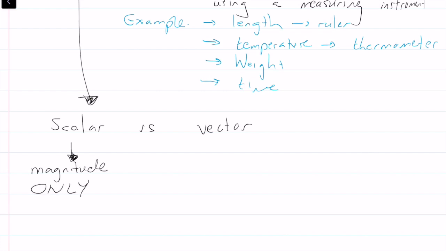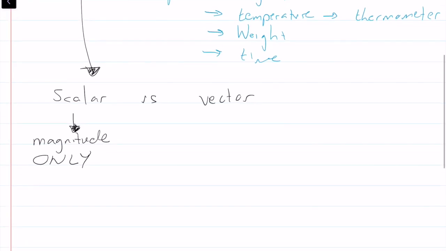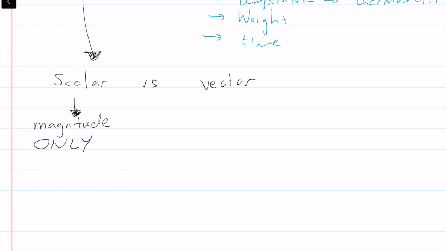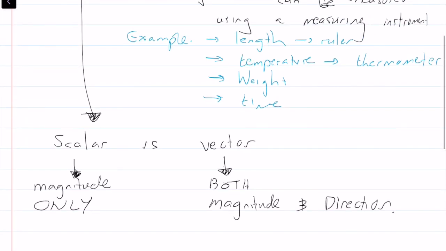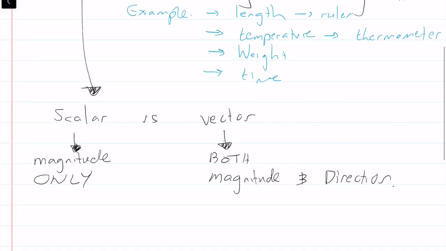An example of this would be time. Let's actually go through what a vector is. A vector is a physical quantity that has both magnitude and direction.